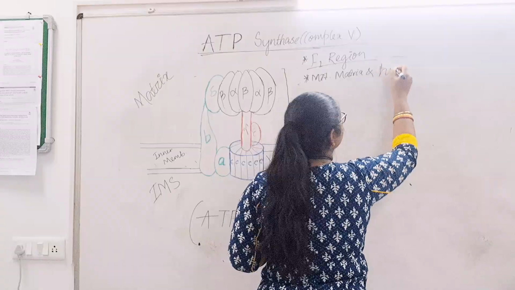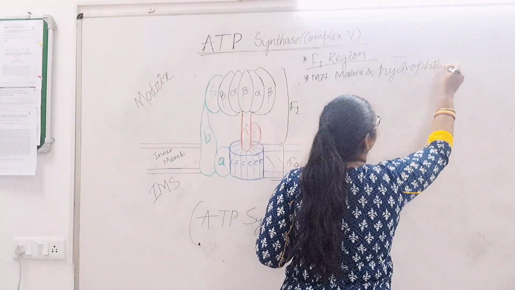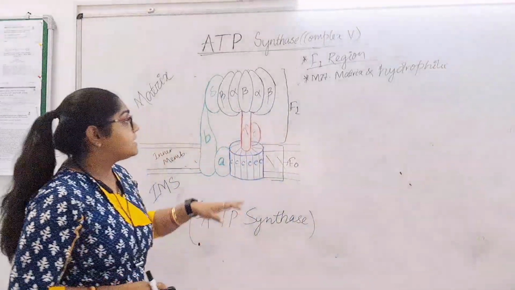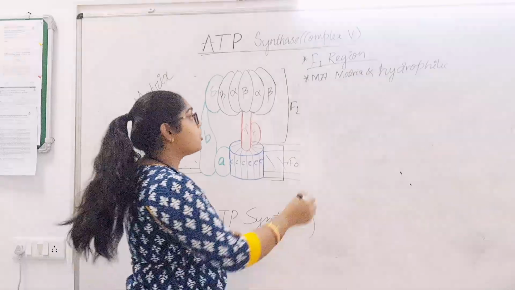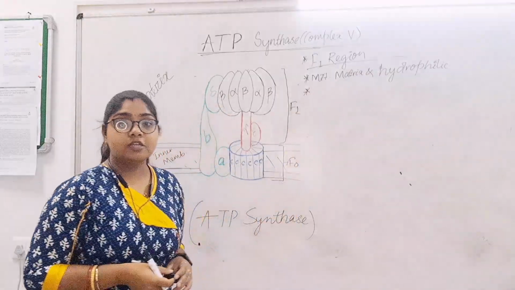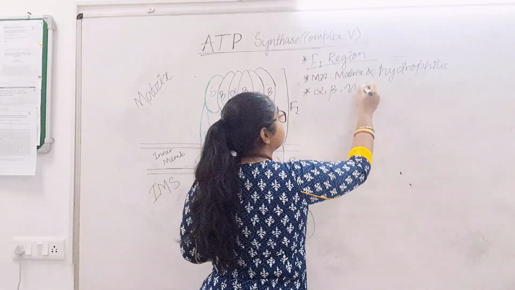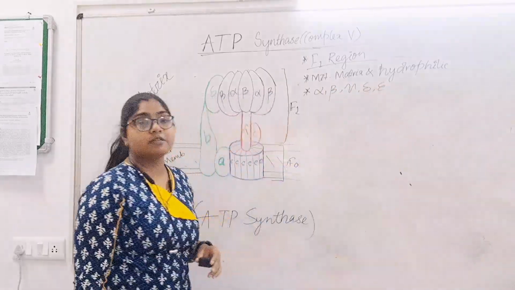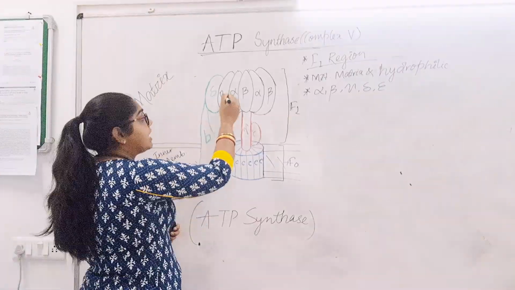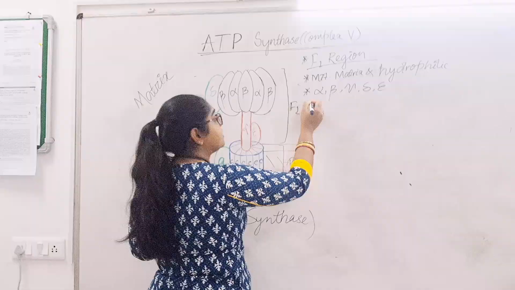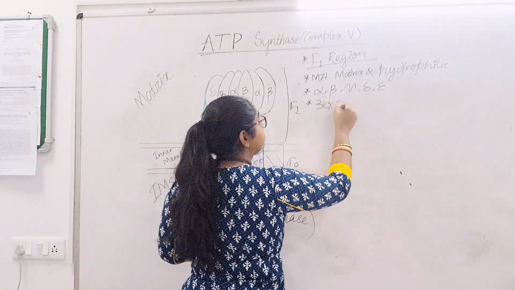This F1 consists of 5 polypeptide chains: alpha, beta, gamma, delta and epsilon. Here there are 3 alpha and 3 beta.